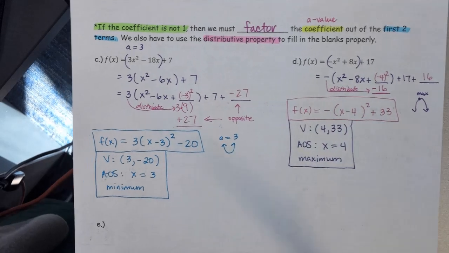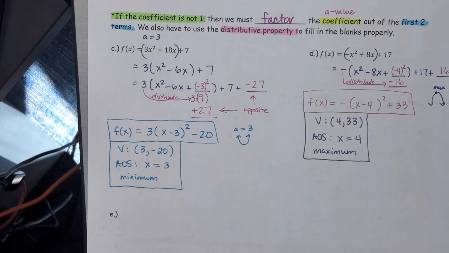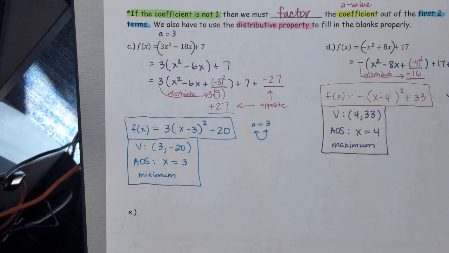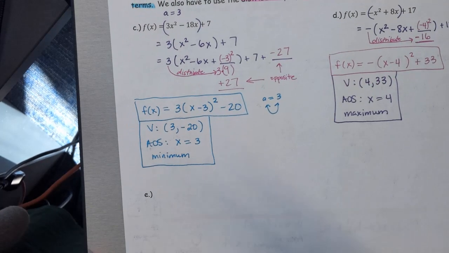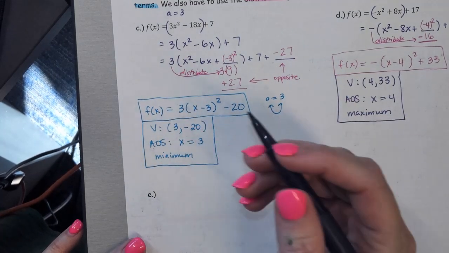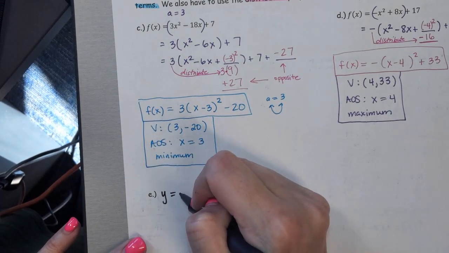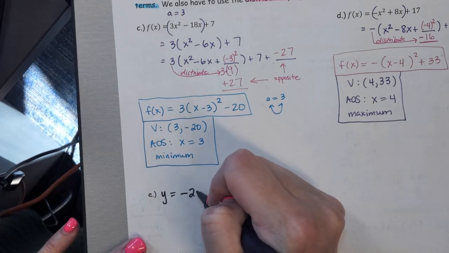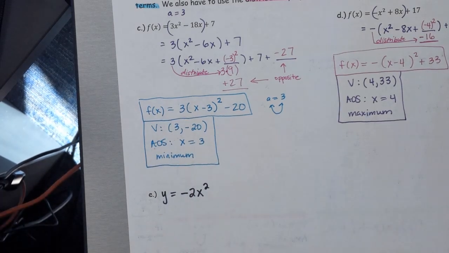All right, we ready for the grand finale here? All right, and sometimes they're going to say f of x, sometimes they might say y. So let's do y equals negative 2x squared, we'll do another negative.